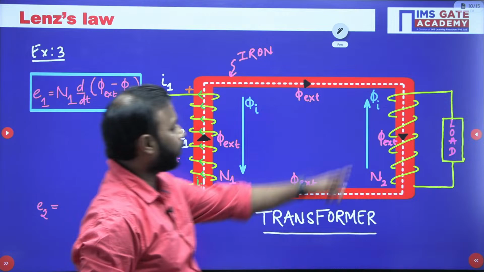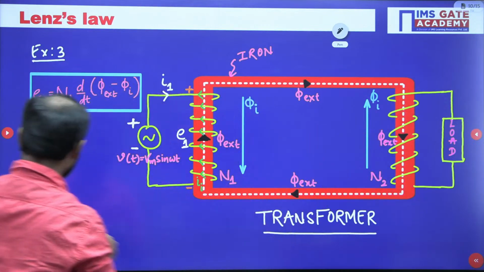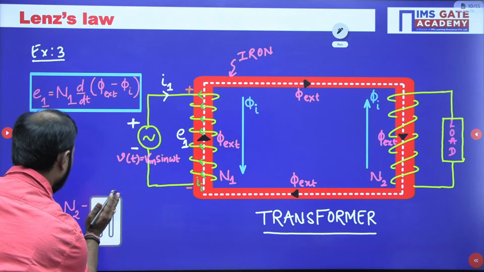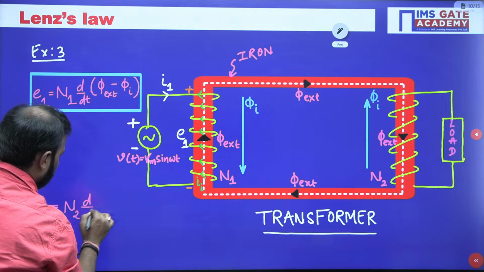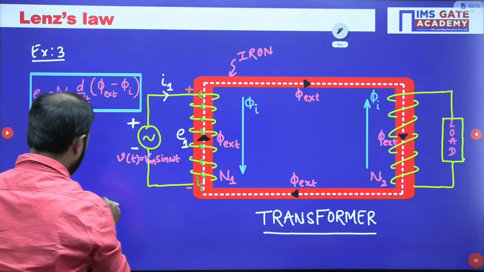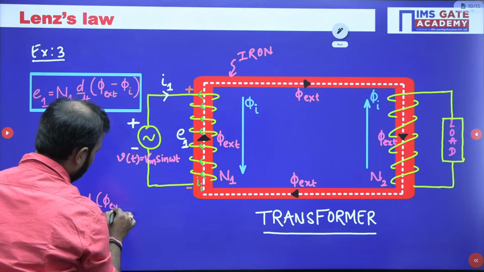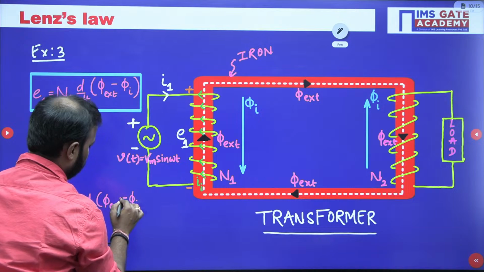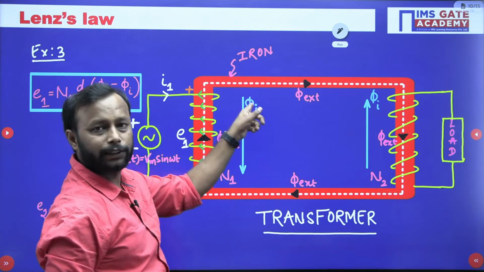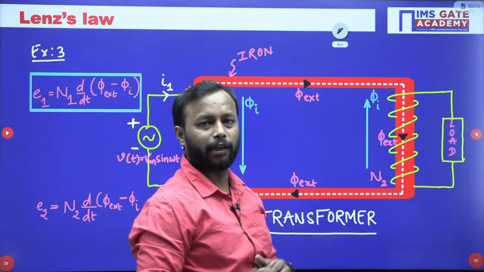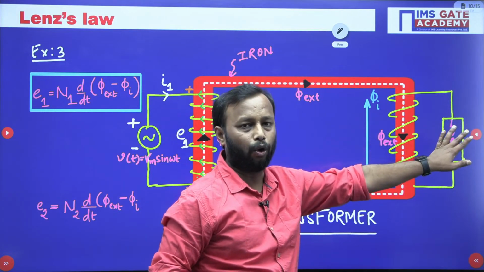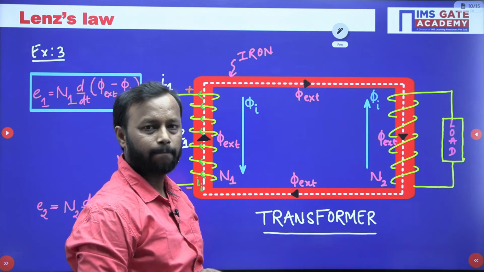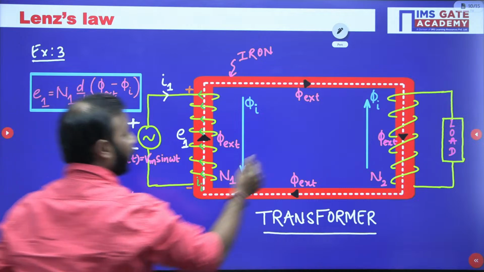Since EMF is induced in this coil, take the number of turns as N2, into d phi by dt. So what is the net flux in that? Phi external minus phi I. Please do not think that this phi I and this phi I are the same. This phi I depends on the load. ठीक है?